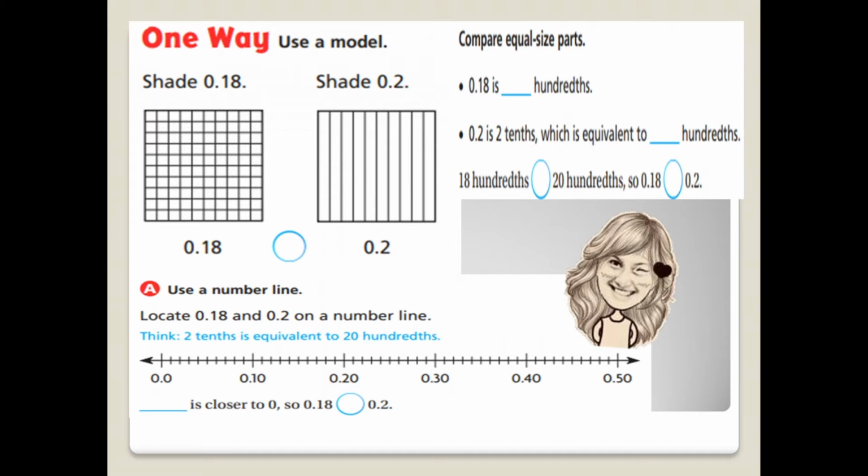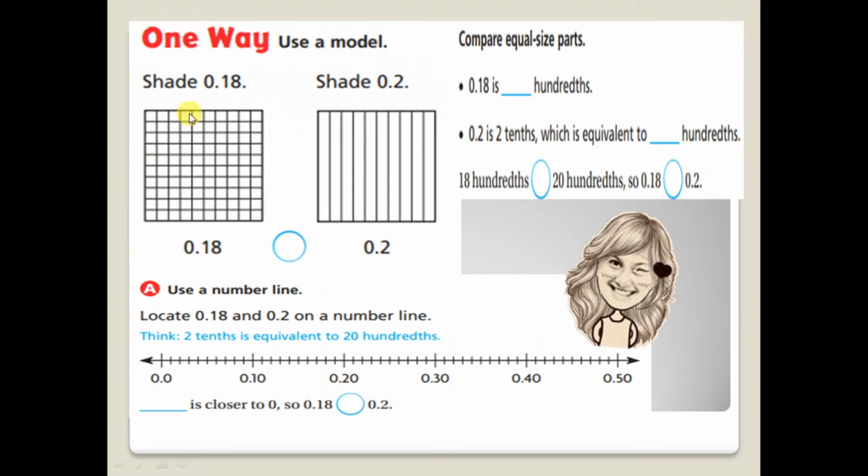For example, we can model it or shade it. So we can shade the model here to see which one is bigger. Let's start by shading 0.18. First of all, the 1 here is in the tenths place and the 8 is in the hundredths place. So first we will shade a whole line here.